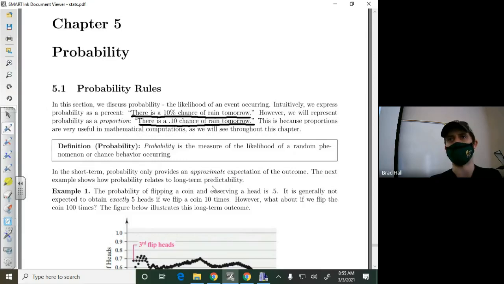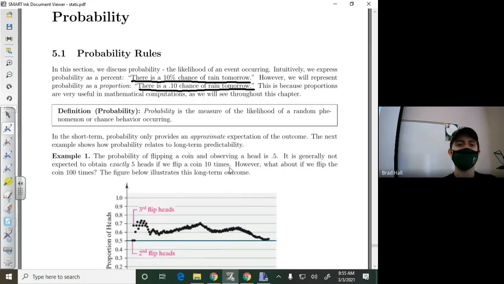We generally do not use percentages, and instead we generally convert percentages to decimals and then throw the decimal version into the calculator or whatever other formula we're using. So same idea here. We're going to deal with proportions.